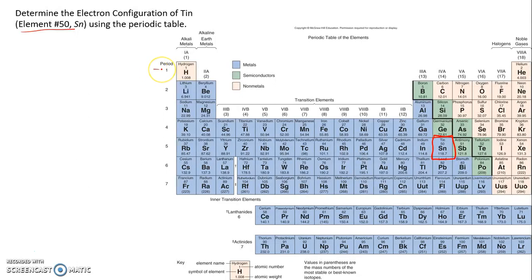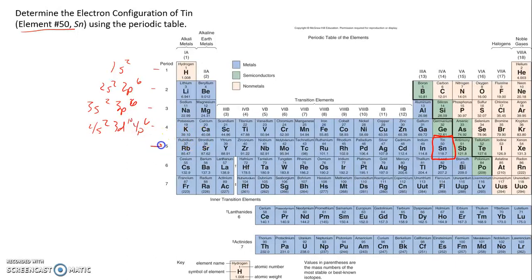You can see that period 1 is completely full, so that's 1s2. Period 2 is completely full, so you have 2s2, 2p6. Period 3 is completely full, 3s2, 3p6. Period 4 is completely full, that would be 4s2, 3d10, and 4p6.